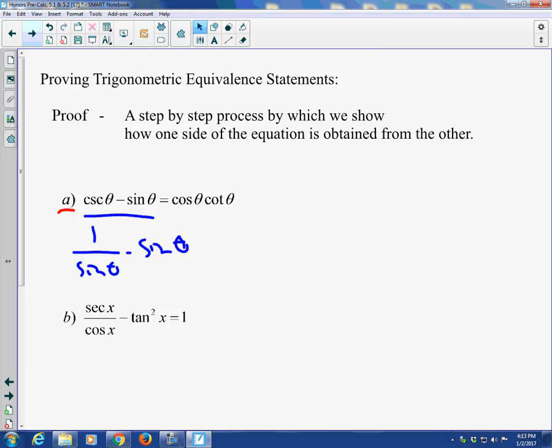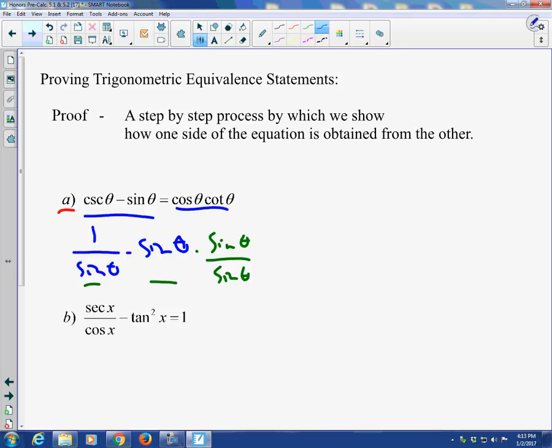Now the right side of the equation that we're trying to get to is basically one term, right? It's two things being multiplied as one term. So what I want to do at this point is bring my two terms together and make them one term, and I can make them one fraction by getting common denominators. So I can multiply my sine of theta by sine theta over sine theta.